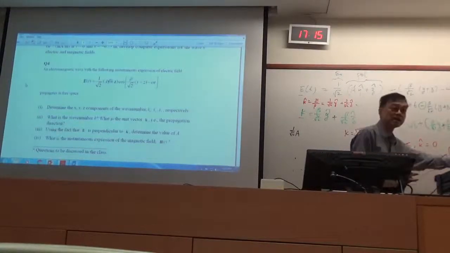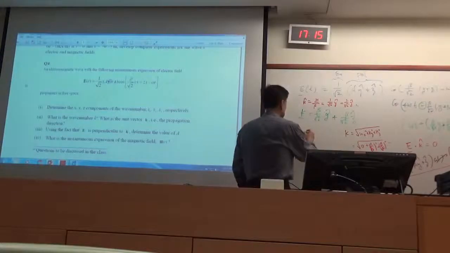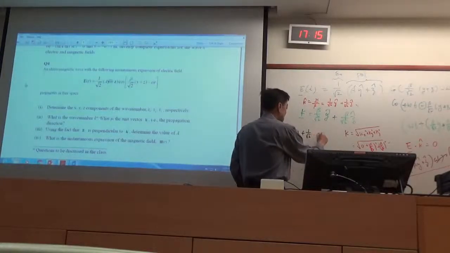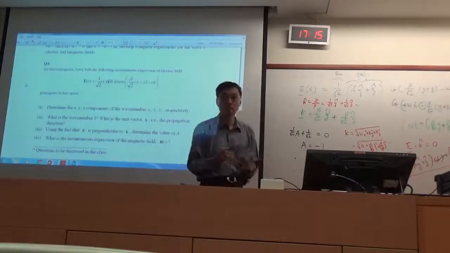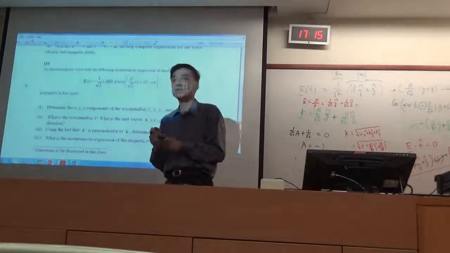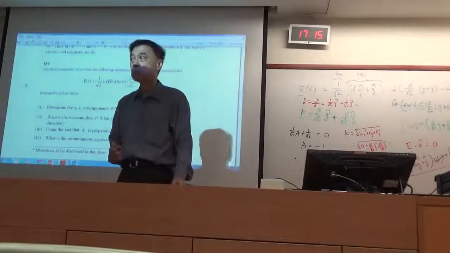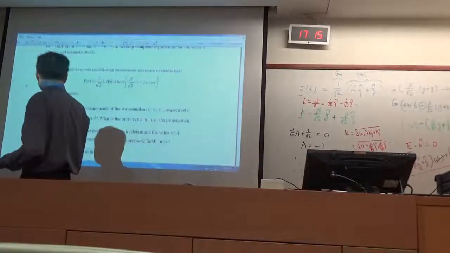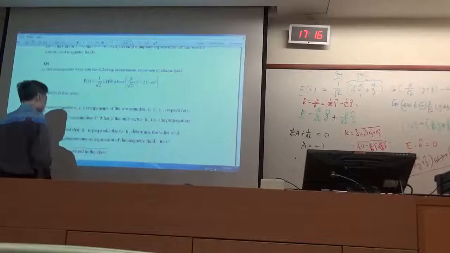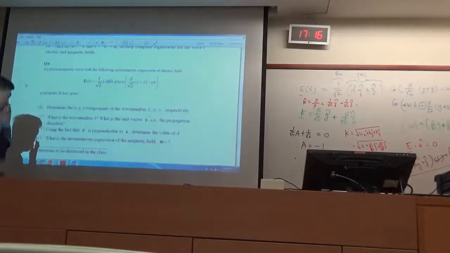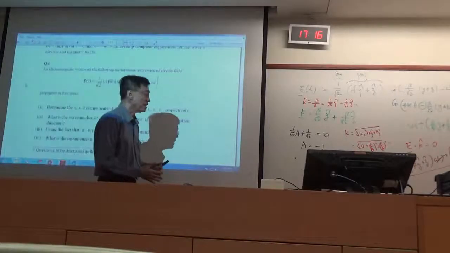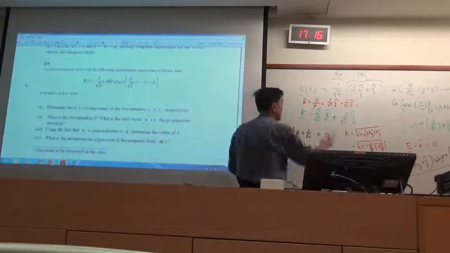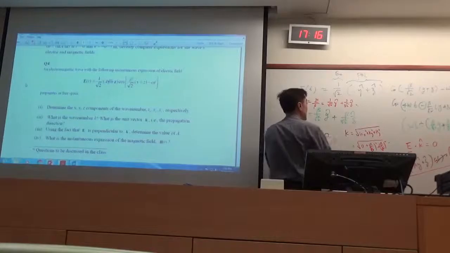Z dot z has a value. The sum is equal to 0. So a is equal to minus 1. So a is equal to minus 1. Okay, so that determines the value of a. Alright, so a is equal to minus 1.